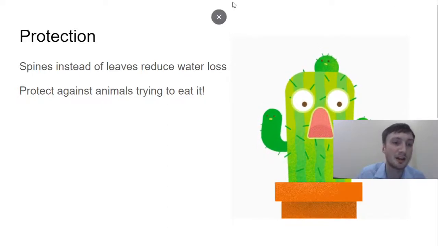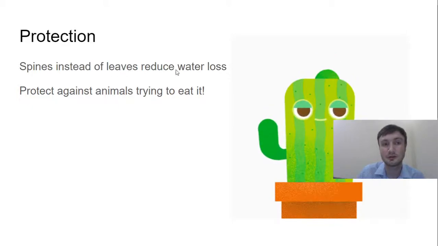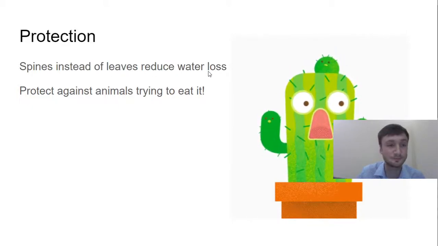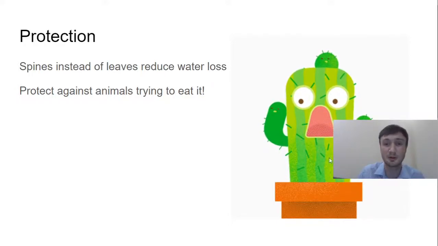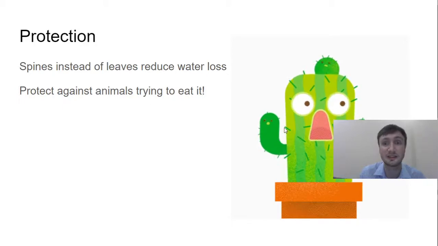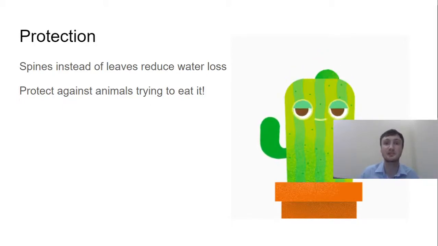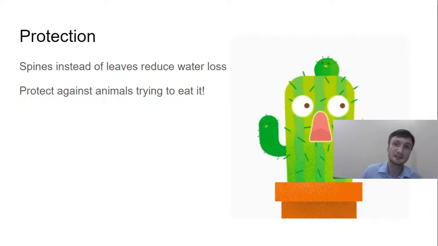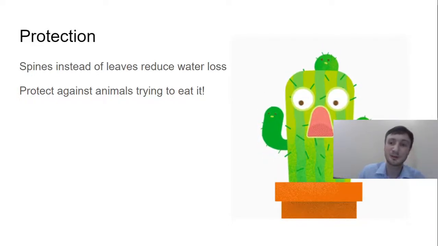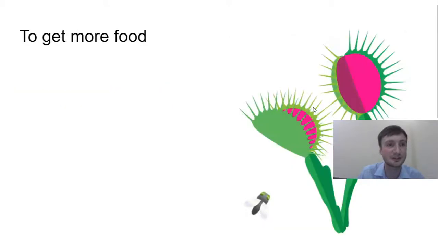You want to have spines to stop you losing so much water. But you also want to have the spines because there's probably a lot of thirsty animals in the desert. They're all looking for something to drink. Okay, so you have these big spines. It stops the animals trying to eat you and then drink all your plant juice. Okay, so what other adaptations can we have?